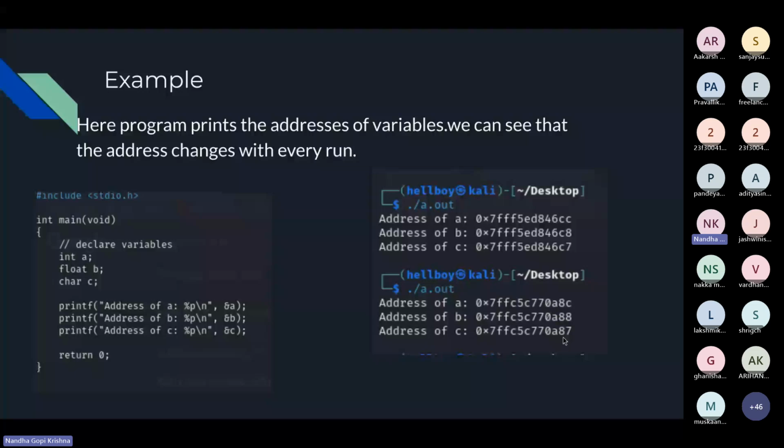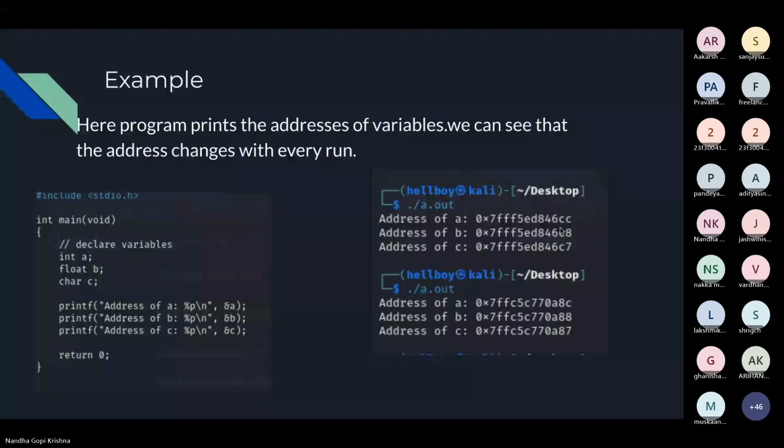That is, address of A to address of B differs by 4 bytes, and that is the same over here as well. And address of C with address of B differs by 1 byte, and that is the same over here as well. So the only thing that has changed is the absolute position of the base pointer of the stack. However, the relative positions of the variables and functions within the stack remain constant.